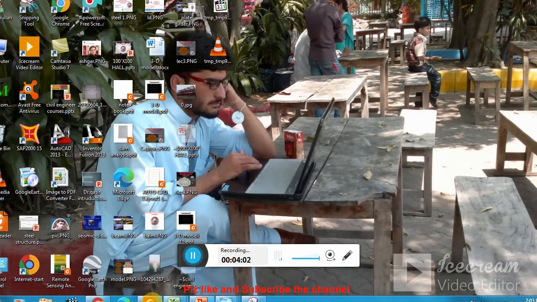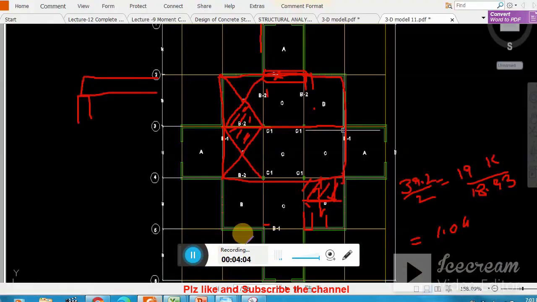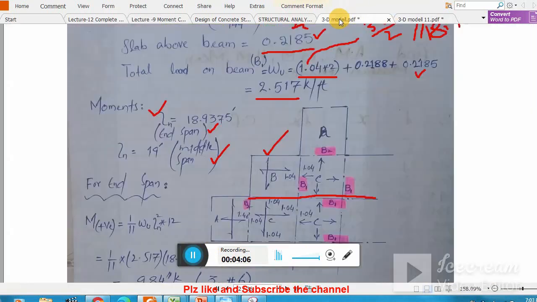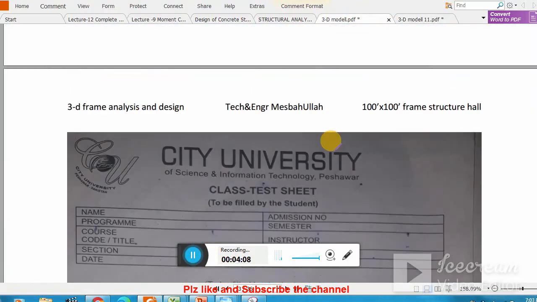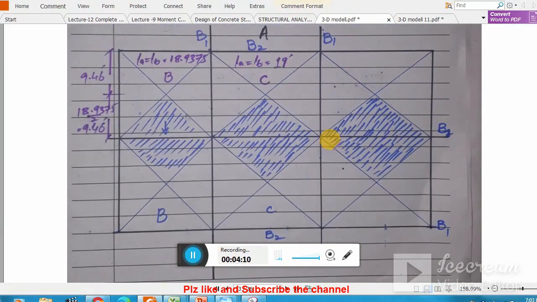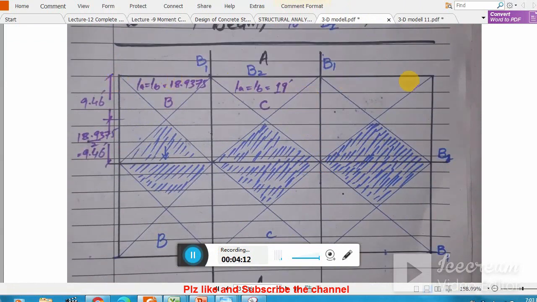So let me show you the rest of the calculation. Okay, here I have this one. You see the distribution, the total area which is supported by this beam B1, and you see all the beams. Now I am calculating loads for this portion of the beam, so I divide the panel B into tributary area.